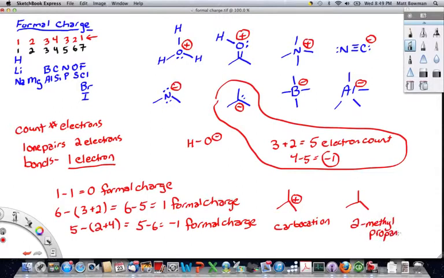Because when you don't have a formal charge there, that implies you have a hydrogen present. Huge amount of difference between this and this. This, not stable, very reactive. This, stable. Huge amount of difference between those two molecules.